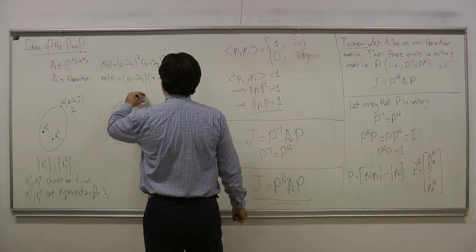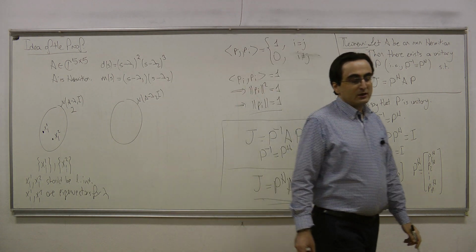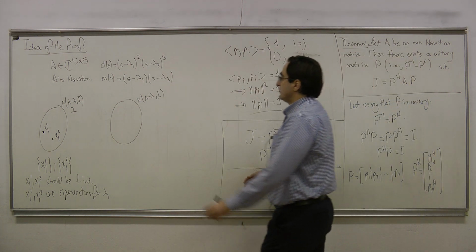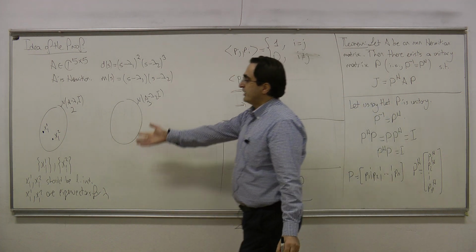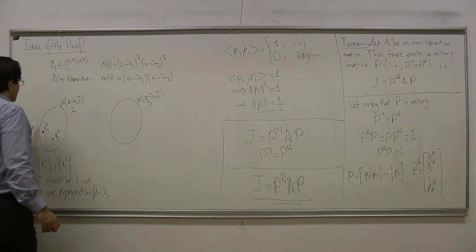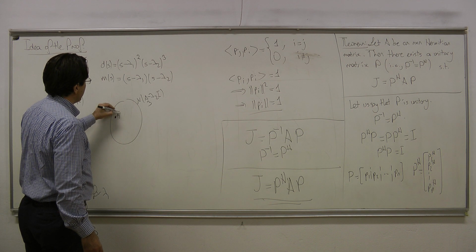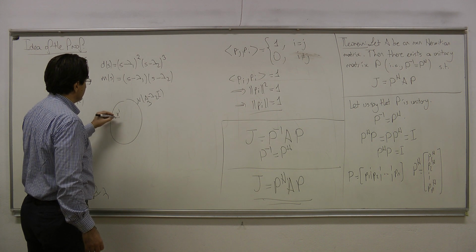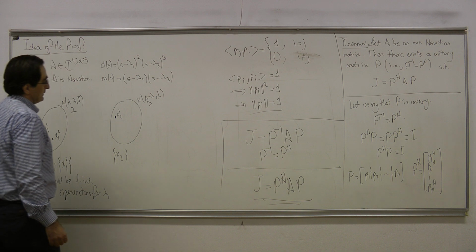So, null space of A minus lambda 2 identity. This is the largest null space again, and in this case the dimension of this space is 3. I'm going to do the same thing here. I will find a non-zero vector, x21, which is going to constitute my first chain.